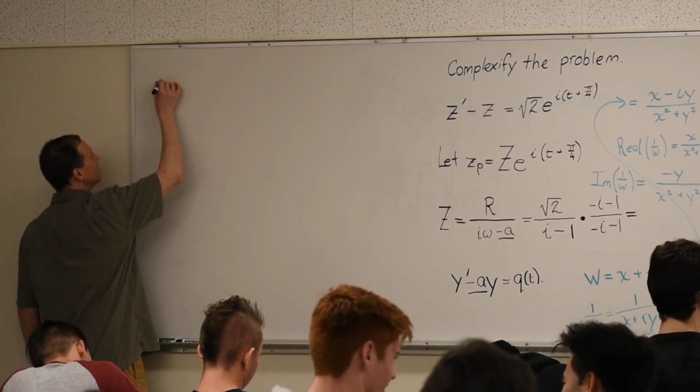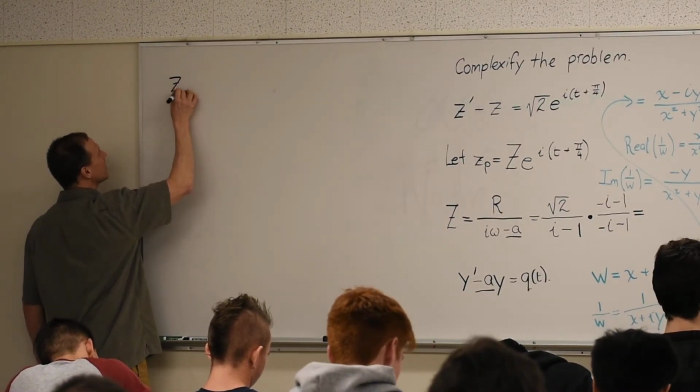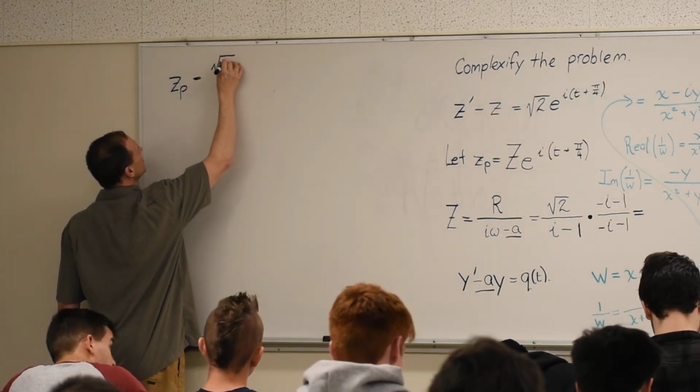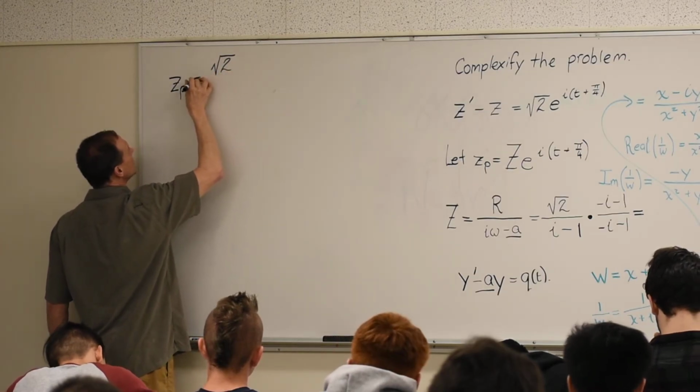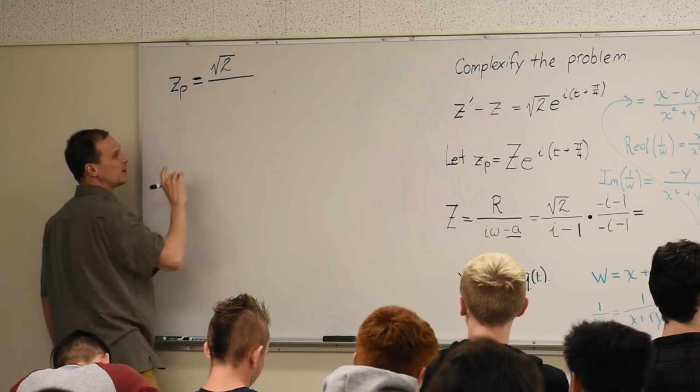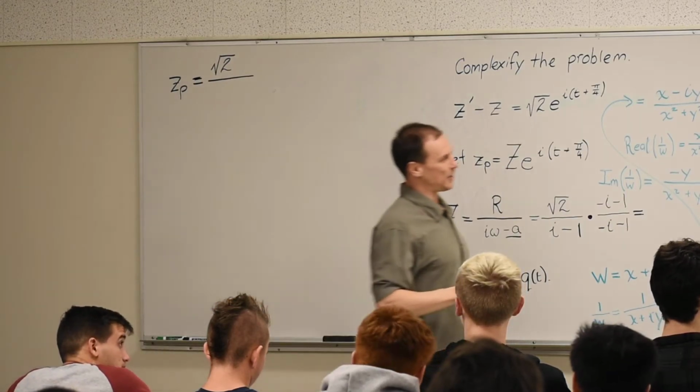We now have that Z particular is equal to the square root of 2 over, what did we just write for a capital Z?